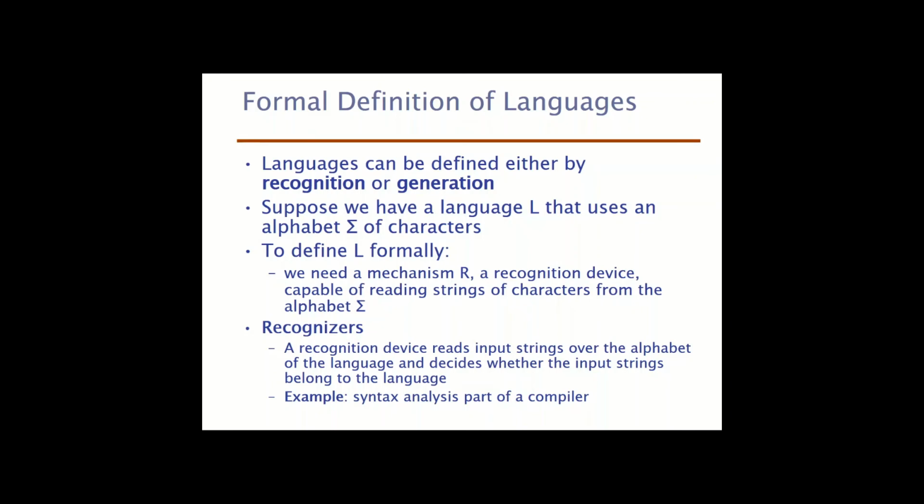So in that case, we have two types, or methods, of definition. We have the recognizer. We can compose a statement, and then we need the mechanism R to recognize whether this composition or structure is valid or not from the language given by the set of characters sigma. A recognizer will do that.